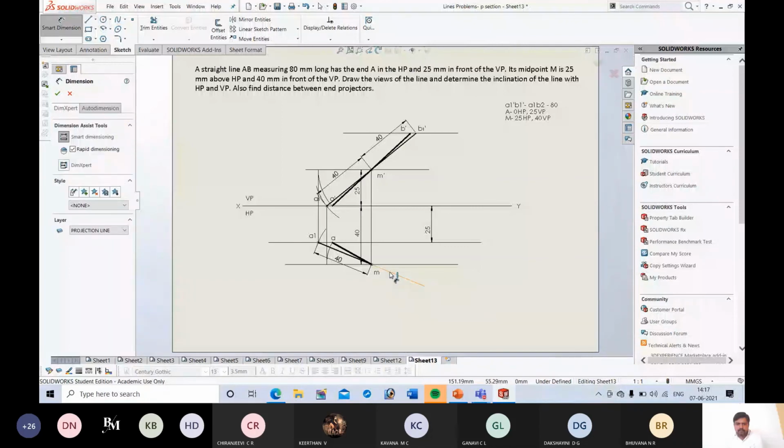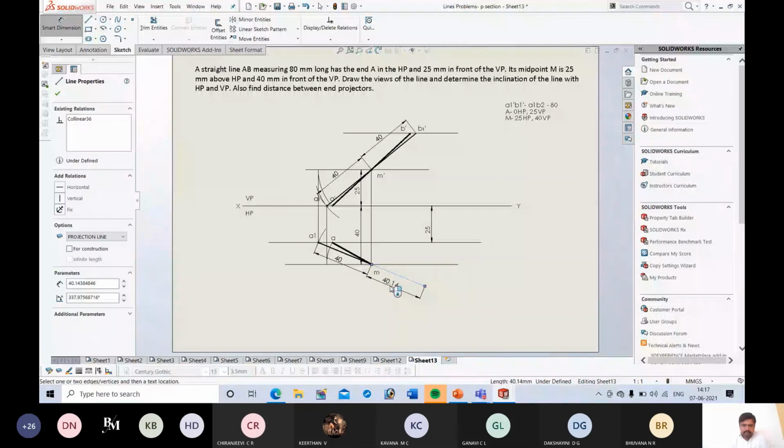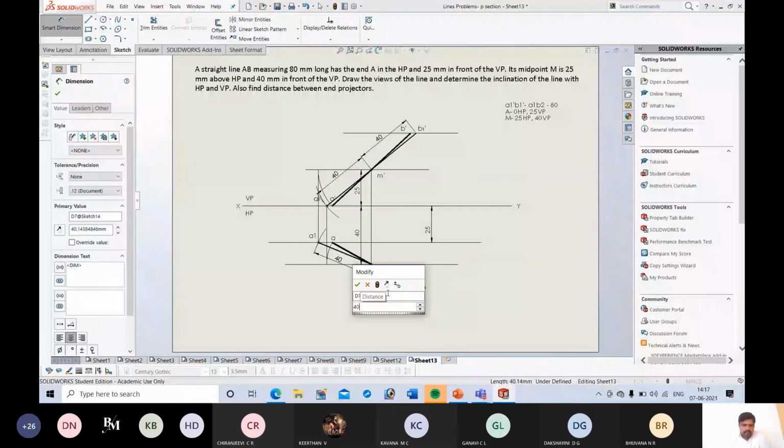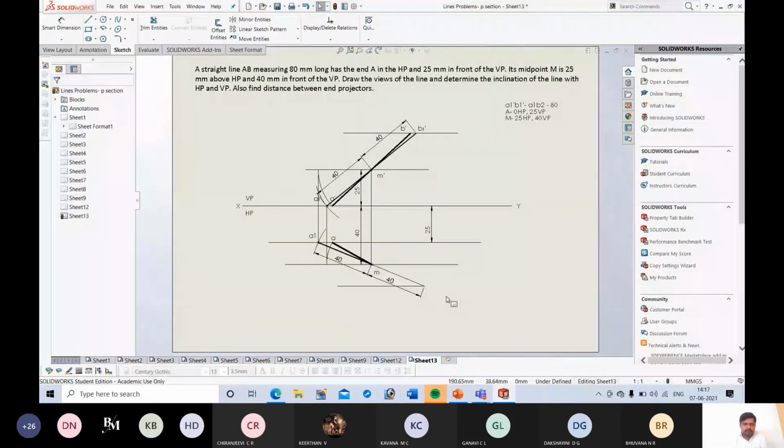Next, I will get the locus of B. Then I will extend the top view. So this is B2. This is B.